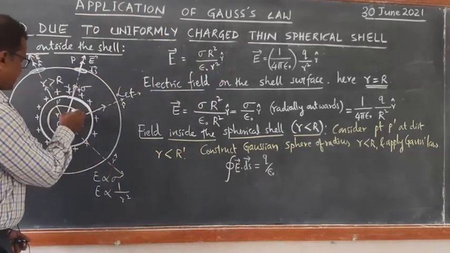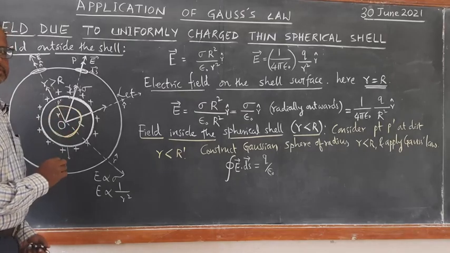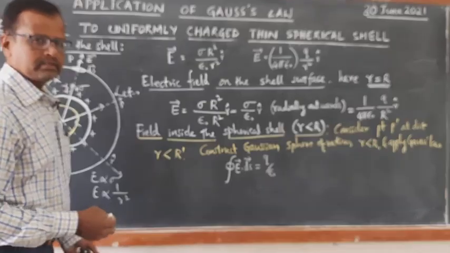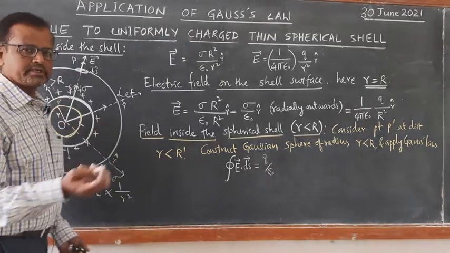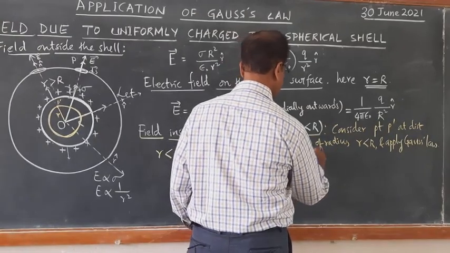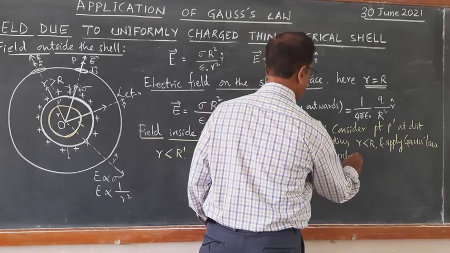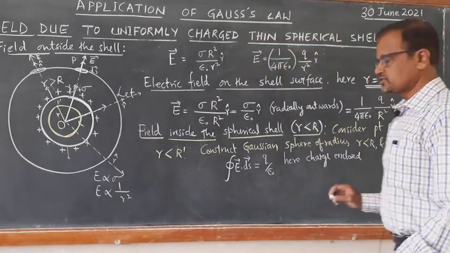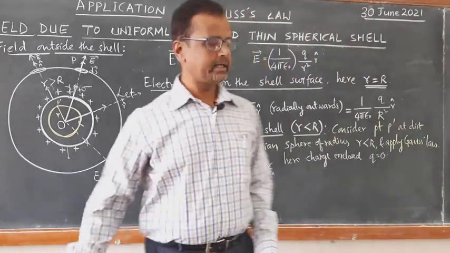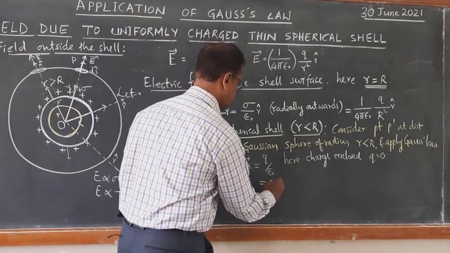But look at this interior Gaussian sphere of radius small r which is now constructed. What is the charge enclosed by this Gaussian sphere? The charge enclosed by this Gaussian sphere is 0. So when q is equal to 0, we definitely get the right hand side of this equation equal to 0.